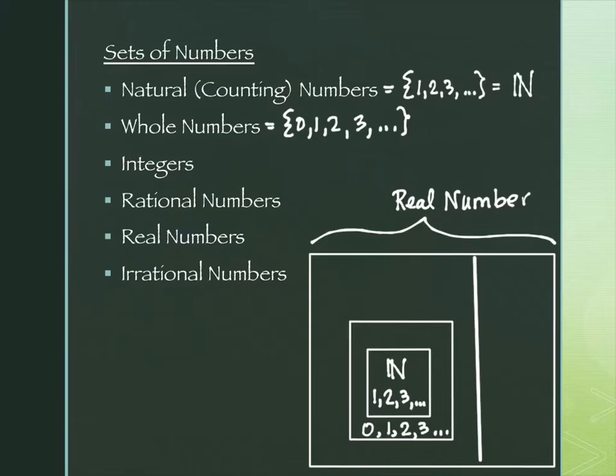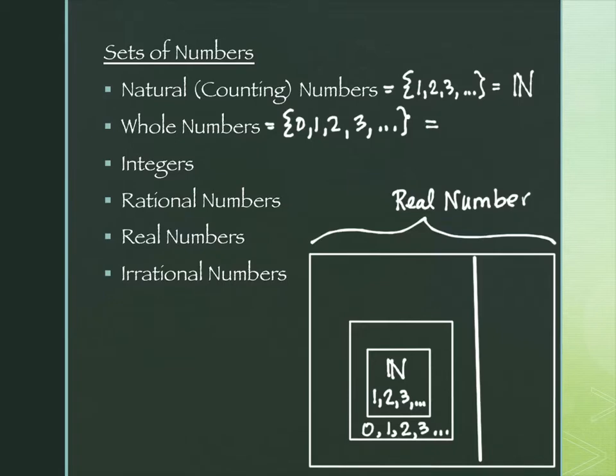Be real careful about this because the number 0 either is or it isn't, right? And people get confused between natural and whole numbers all the time, whether they include 0 or they don't. The natural numbers are the ones you naturally start to count with, and they do not include 0, but the whole numbers do.